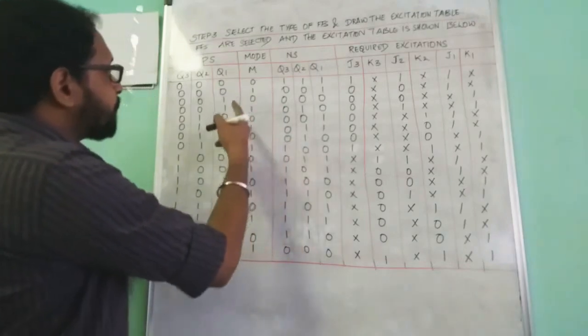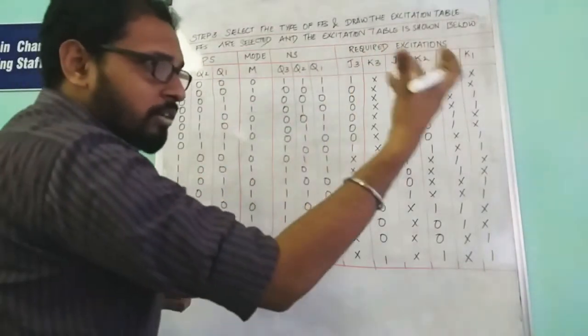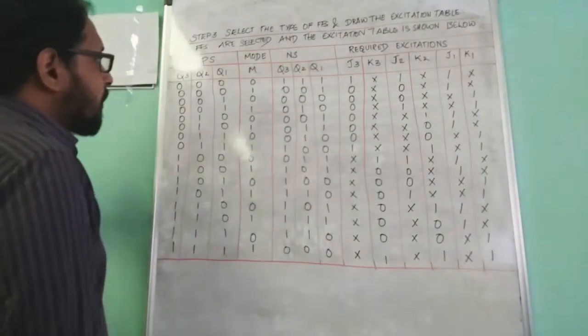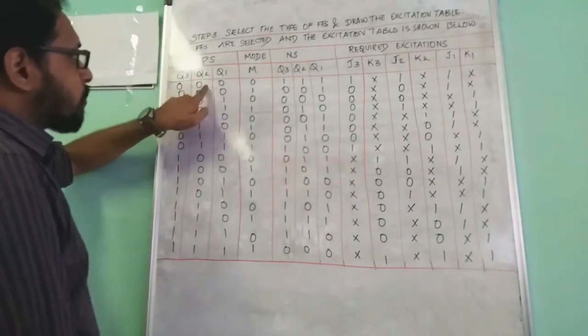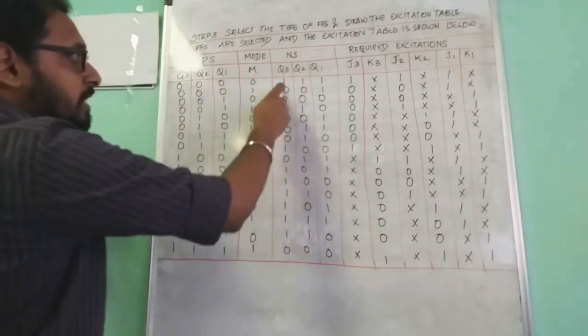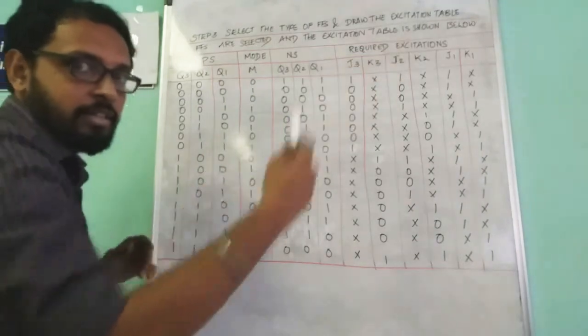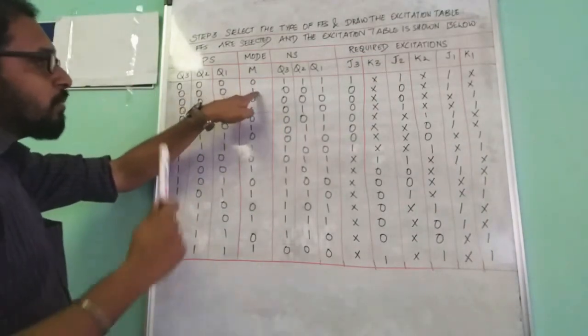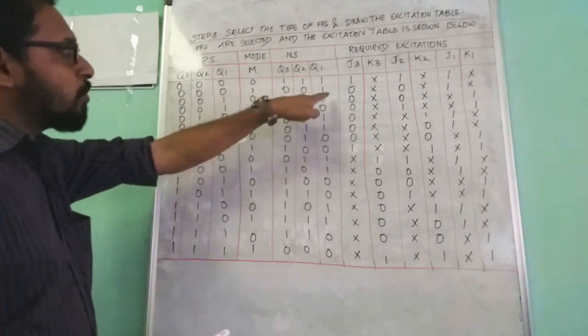In each state it works in 2 modes. Based on the state diagram that we have already drawn, for 0 0 0 with mode 0, we need to go to the previous case, that is 1 1 1. Just check that diagram. And for 0 0 0 with mode 1, we advance to the next case, so 0 0 1.